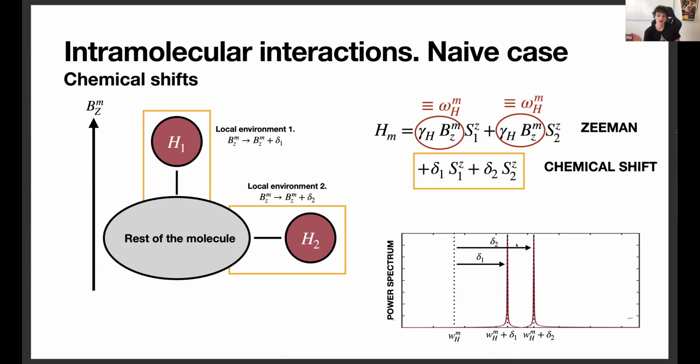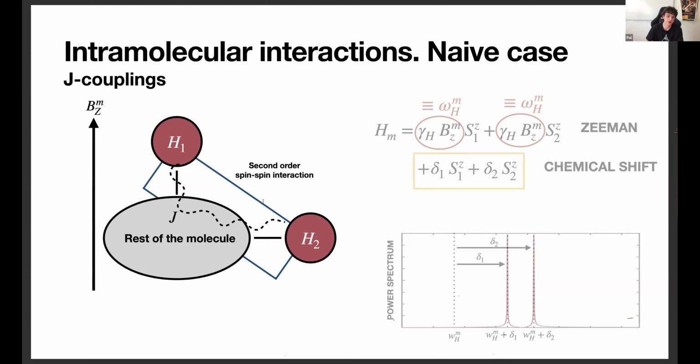Okay, and there's another interesting interaction in molecules that plays a role, and that is second-order spin-spin interactions among the different nuclei that you may have in your molecule. I say second order because it's not direct dipole interaction, but an interaction that is mediated through the electron cloud of the molecule. But the important thing is that there's an effective two-spin interaction between all the spins in my molecule.